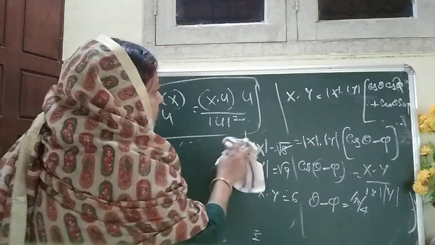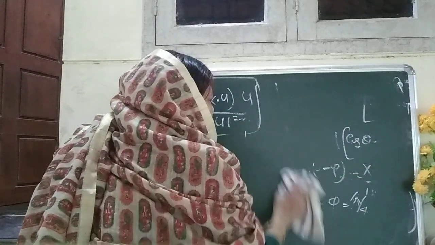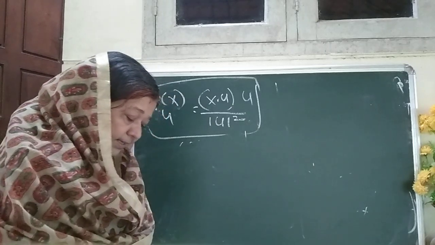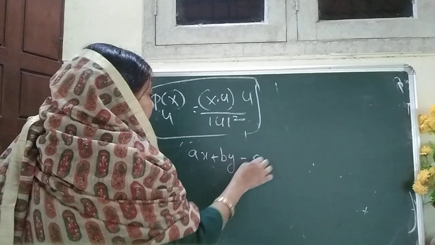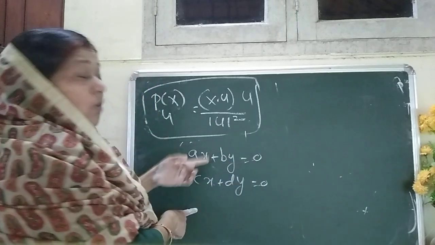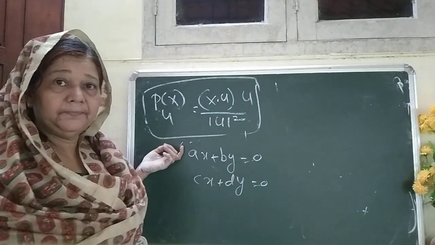Then we come on to the existence of solutions of a system. For any equation, generally suppose ax plus by equals 0 and cx plus dy equals 0. It is a homogeneous system of equations with the variables x and y.